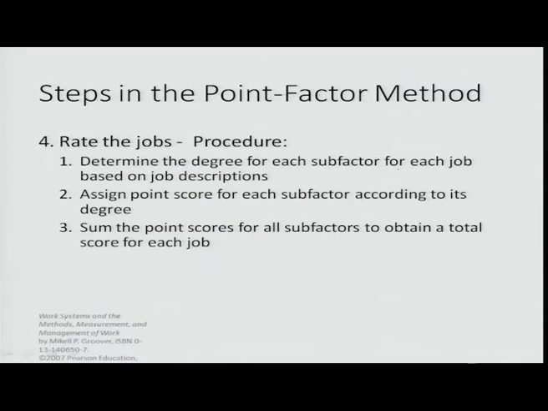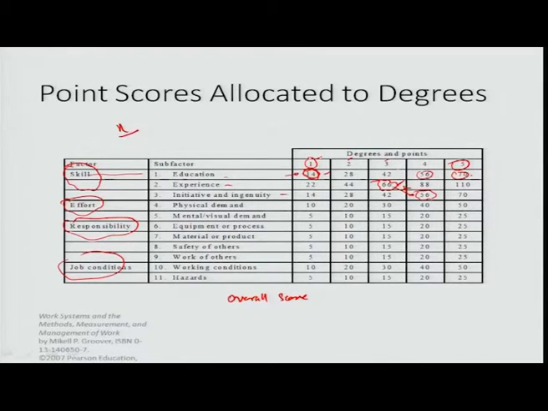So you have an overall rating of about 126 for the skill factor associated with a certain job X. Similarly, you have some other rating for effort, responsibility, job condition.